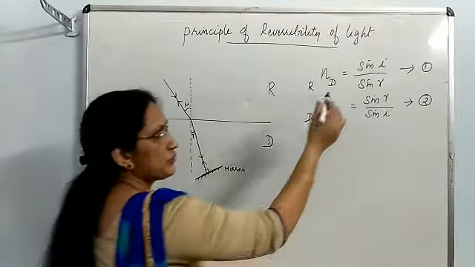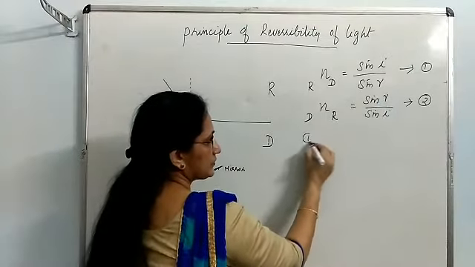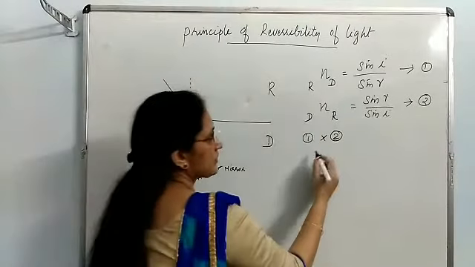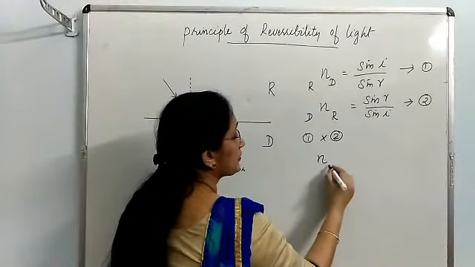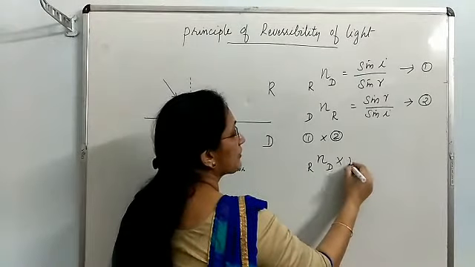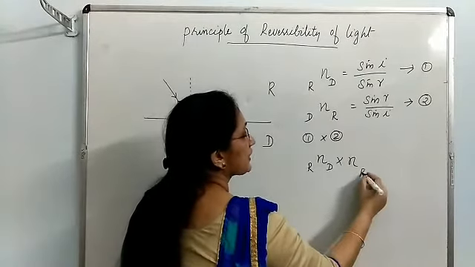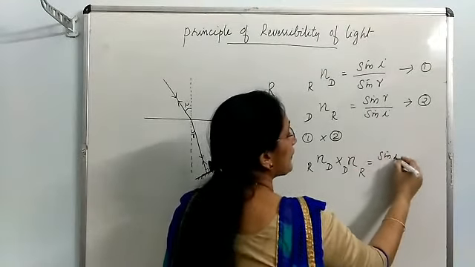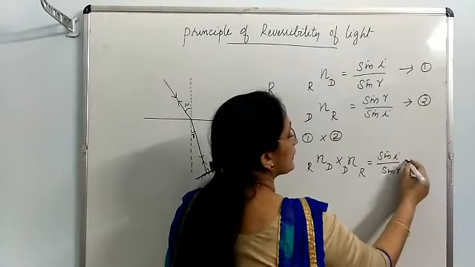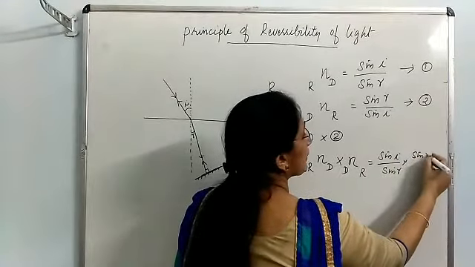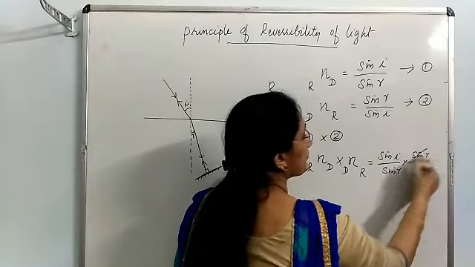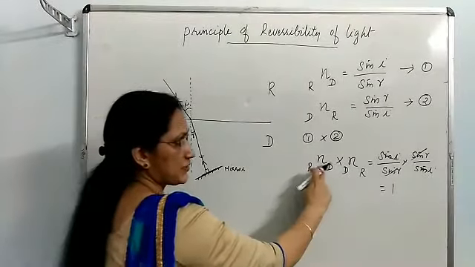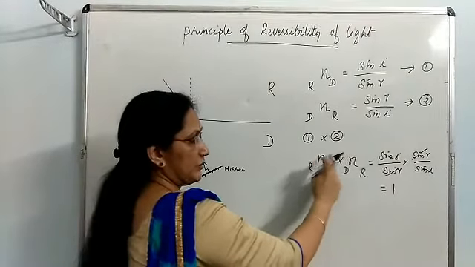For that, if you multiply equation 1 with equation 2, what will you get? These two equations you are multiplying. The refractive index of denser medium with respect to rarer medium into the refractive index of rarer medium with respect to denser medium is sin I upon sin R into sin R by sin I. You got it as 1.